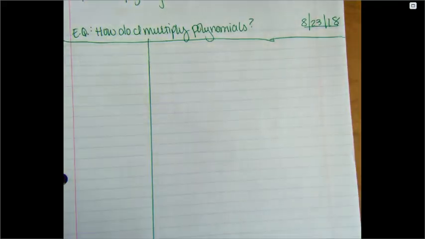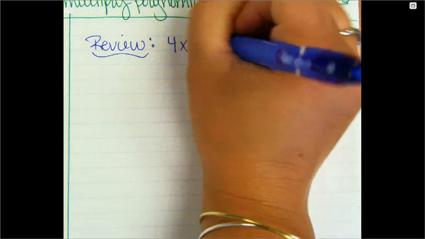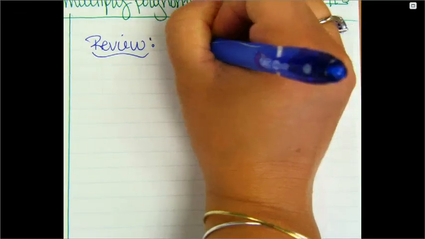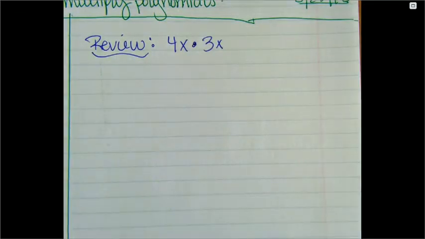All right, let's review for a second. My review really quick is from last week. Last week you learned how to multiply 4x and 3x, yes? So if we multiply 4x times 3x, how do we multiply this? What do we do?